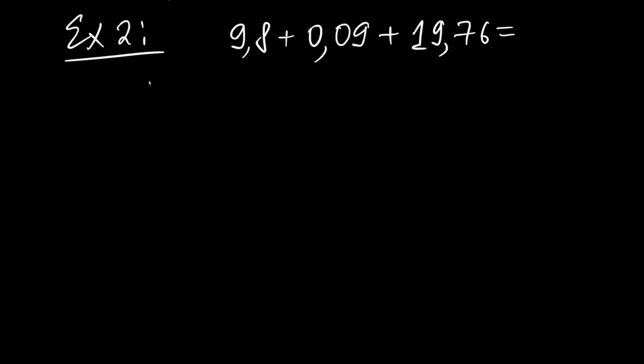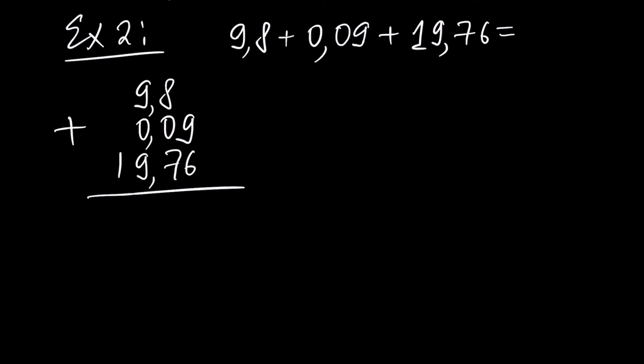We write 9.8 plus 0.09 and plus 19, decimal point 7 and 6. Once again, note that we take care to write each digit in its proper place without any shift.